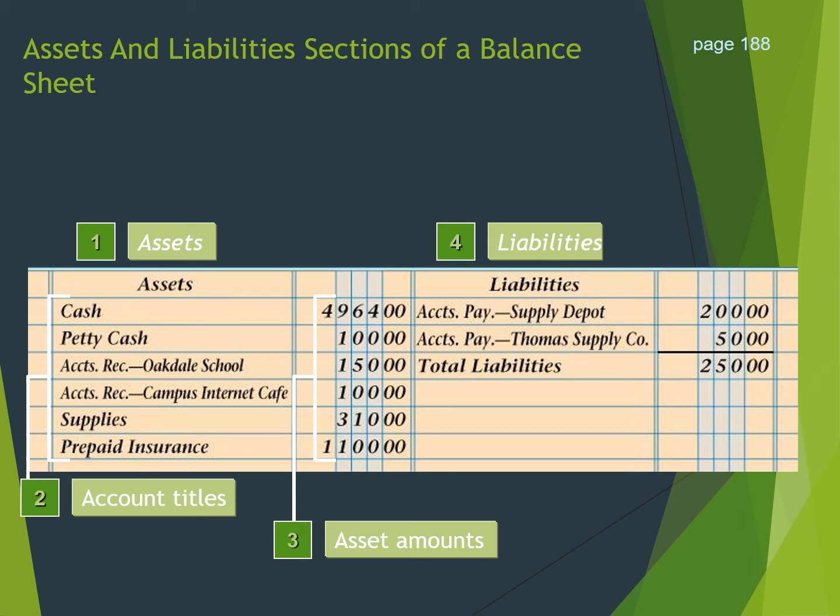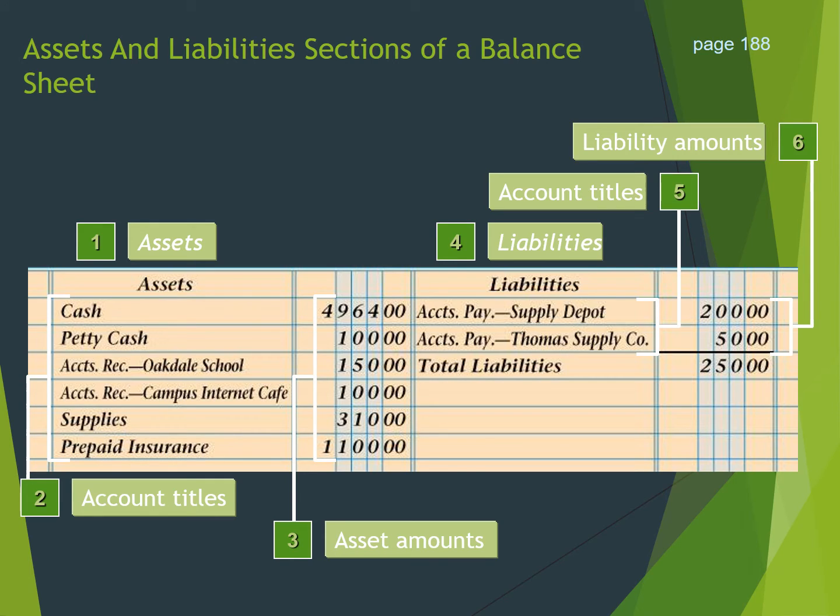The fourth step is to go to the right side of the balance sheet and center the word Liabilities right across from the asset line. Then we will record our individual accounts payable. And again, you can abbreviate accounts payable A/P.